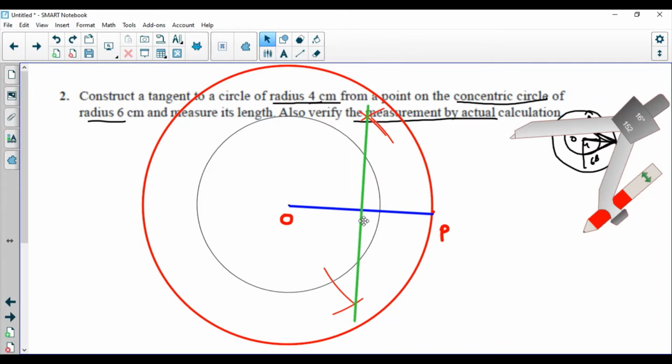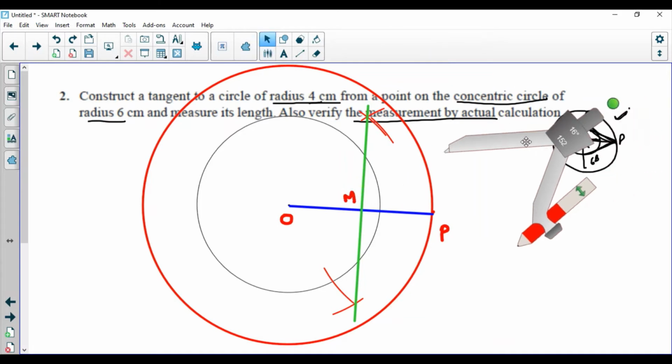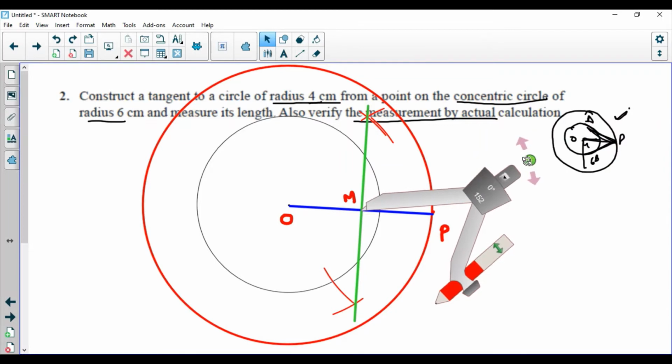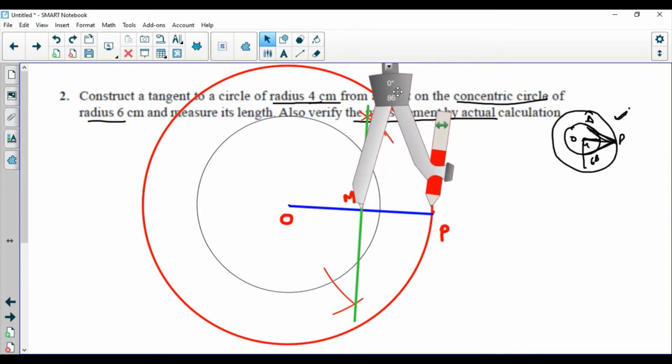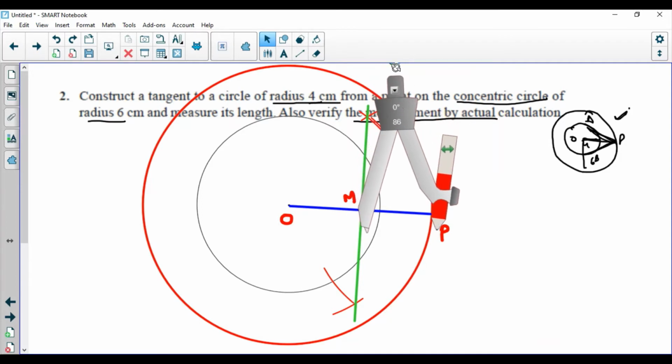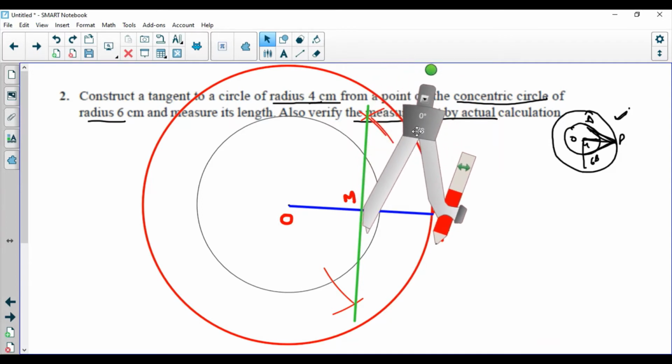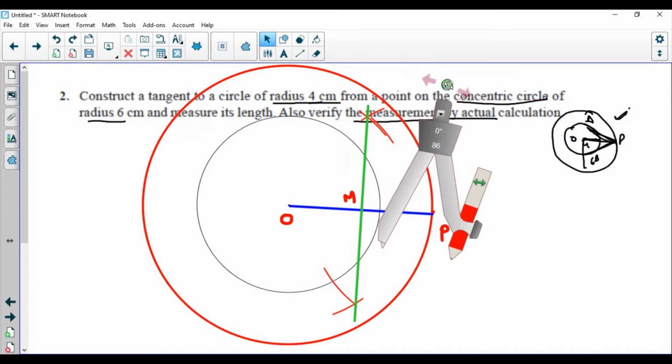Let this bisector meet the line segment OP at point M. Now taking M as center and MP or OP as radius, any radius you can take, both are the same because this is the perpendicular bisector we have drawn.